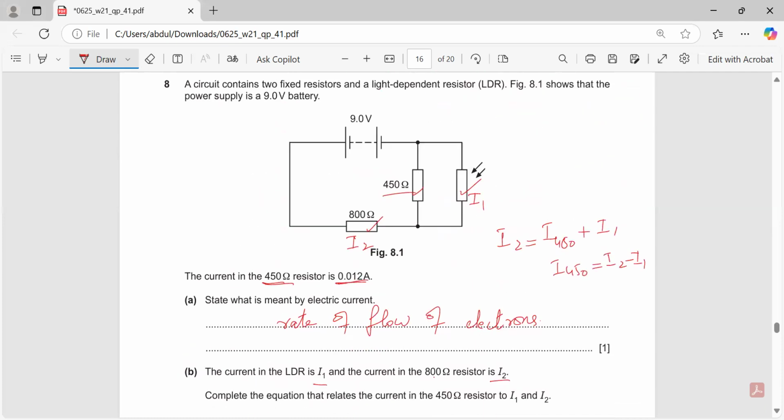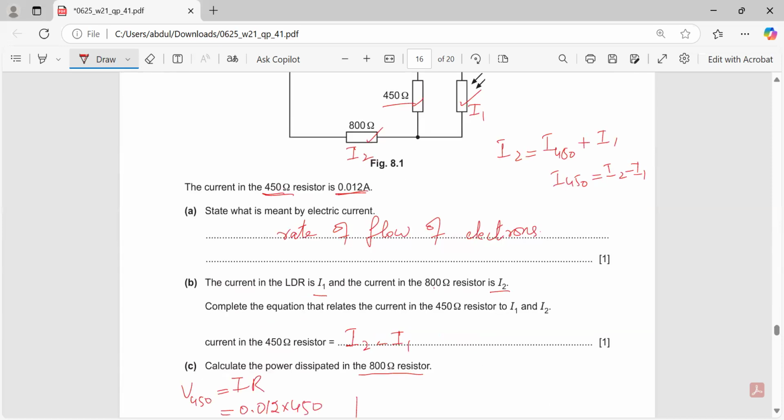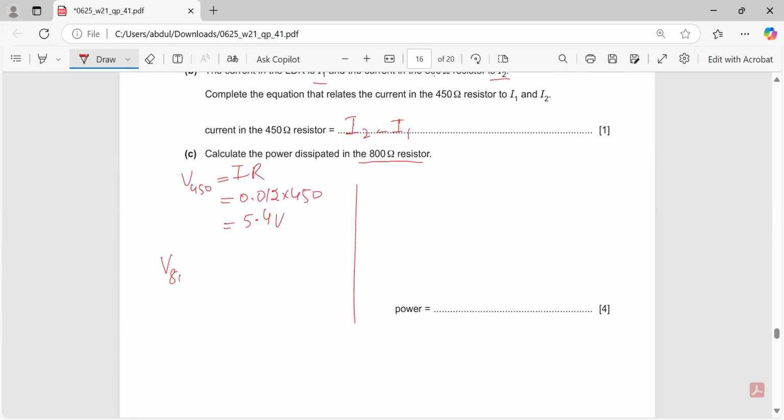As 450 ohm and LDR are in parallel, so voltage across both of them is equal, that's 5.4. So 9 minus 5.4 is voltage across 800 ohm. So voltage across 800 ohms is total minus the voltage across the parallel combination. So answer is 3.6 volts.